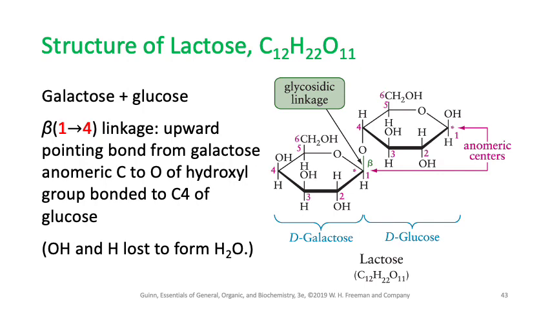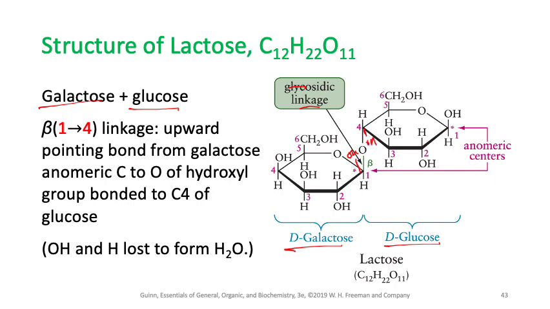So now let's talk about the beta linkage in lactose, which is made up of galactose and glucose. So you have two monosaccharides, D-galactose and D-glucose, and on the first carbon, before it makes a glycosidic linkage, there is an OH group, and the fourth carbon on the glucose has an OH group.